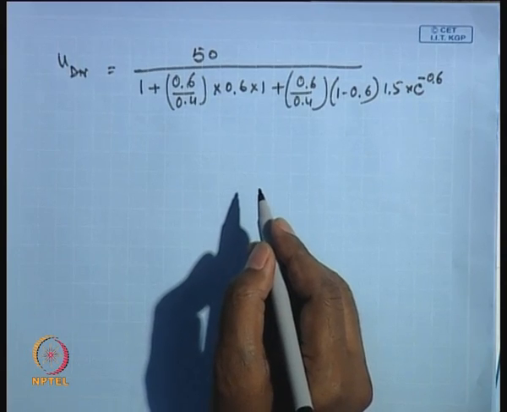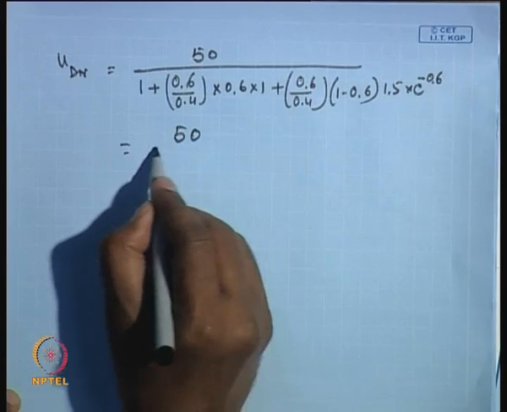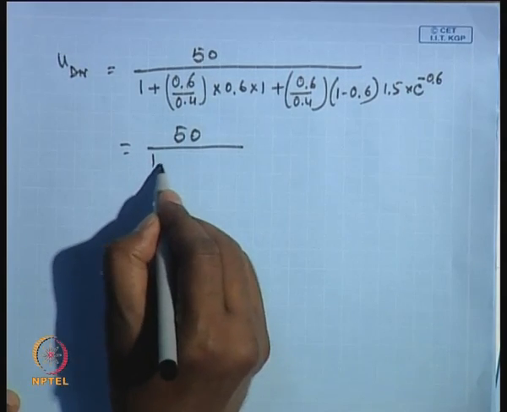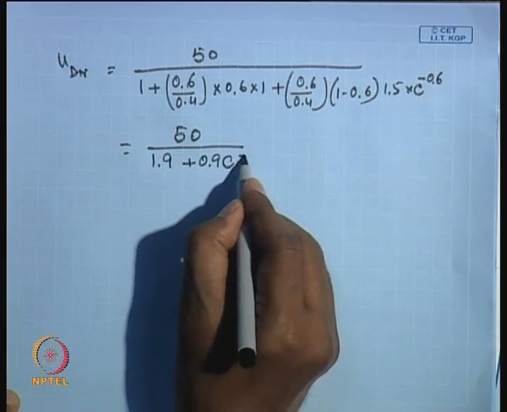If you simplify this equation, this turns out to be 50 divided by 1.9 plus 0.9 c to the power minus 0.6.